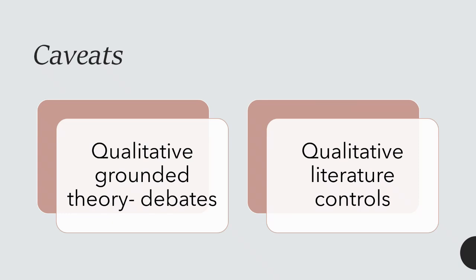But there are also arguments for how to use literature in grounded theory. So this is one of the qualitative designs where there's a debate around the use of literature.